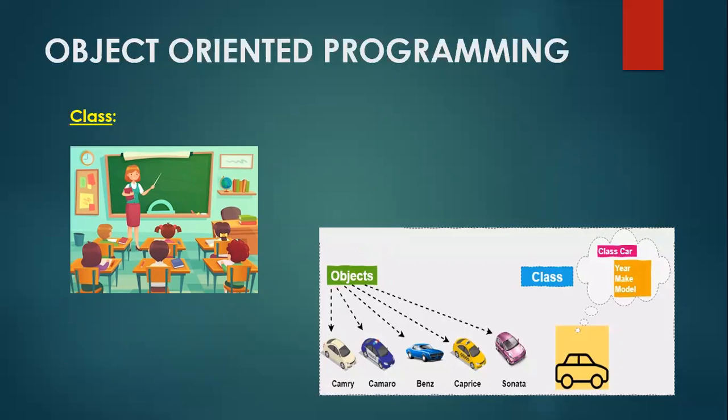If I group all these objects with a common template like this, then it is represented as a class with some name like car. This template implements a common behavior of all these objects.